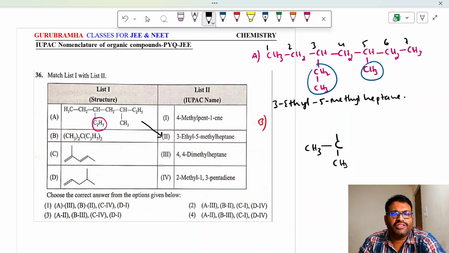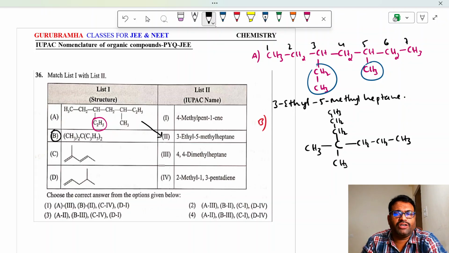Here he has mentioned C3H7. C3H7 means CH2, CH2, CH3. Here also CH2, CH2, CH3.